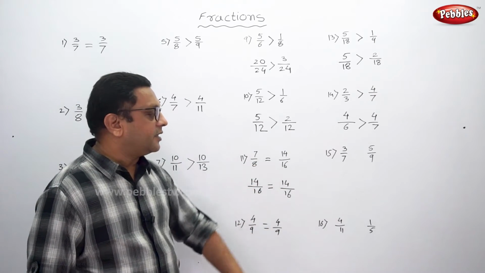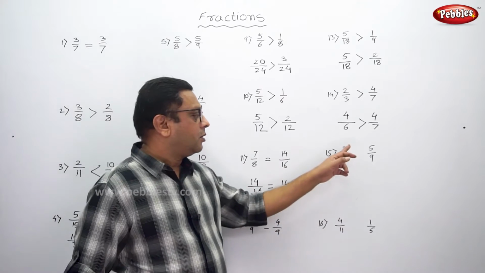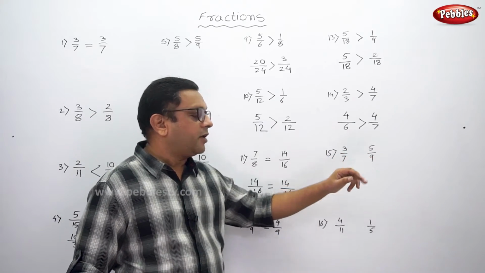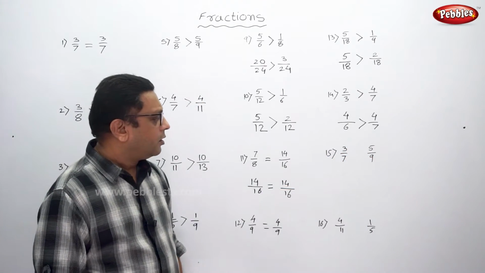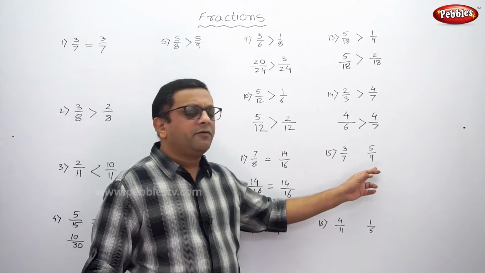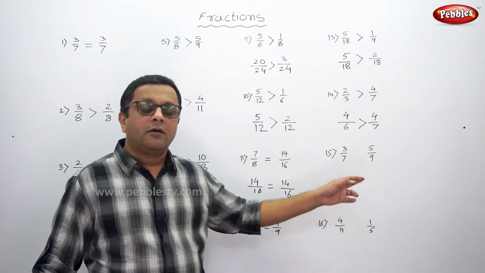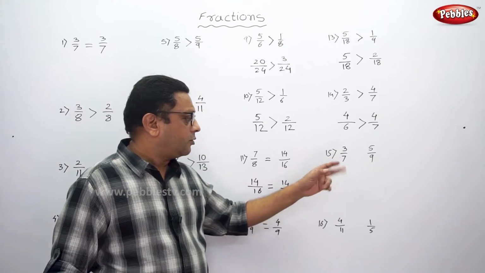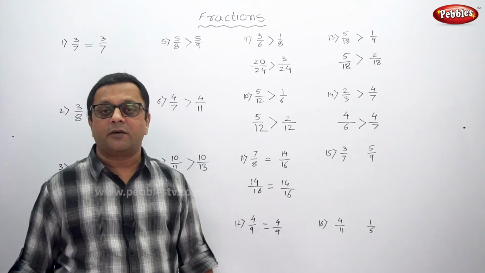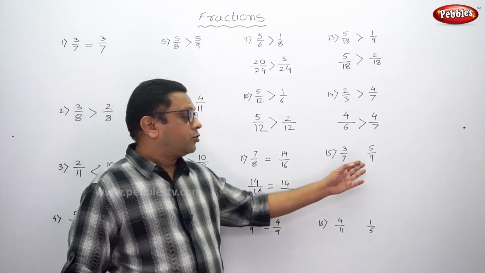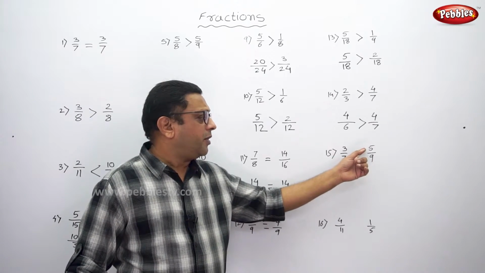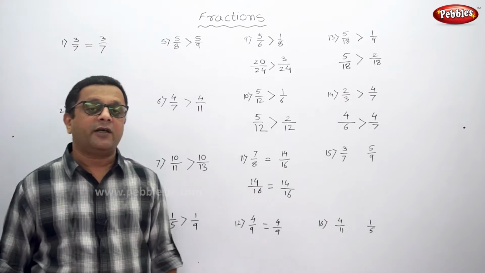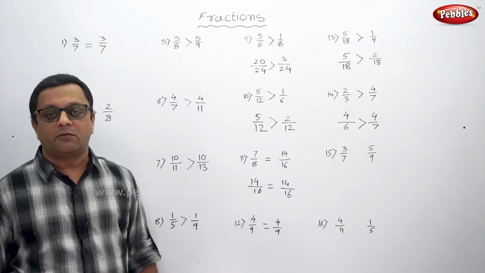Let us see the 15th example. 3 upon 7, 5 by 9. Here I can see 9 ones are 9, 9 twos are 18, then 9 threes are 27, not even multiplied by 7. So better I will make the numerator common, because I know that 15 is a common number.